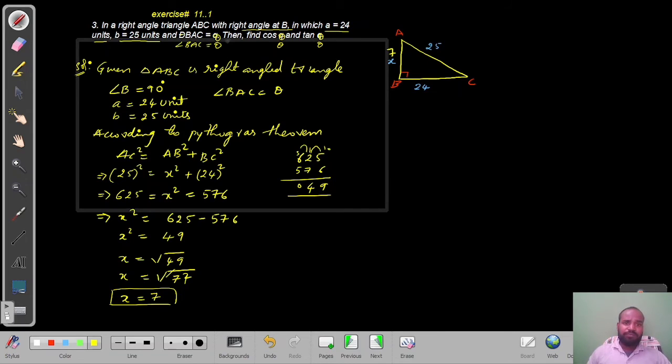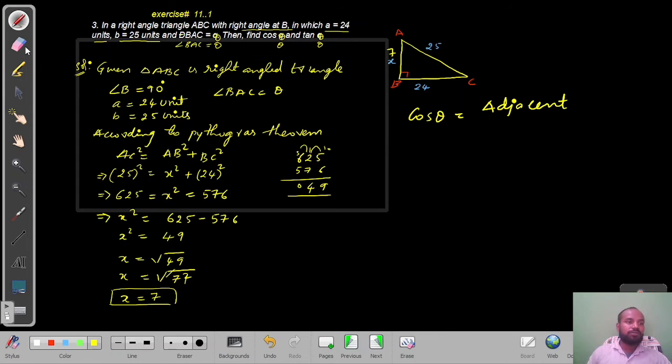Now what is being asked? Find cos theta and tan theta. Now I am writing cos theta first. What is the cos theta formula? Cos theta is adjacent by hypotenuse.